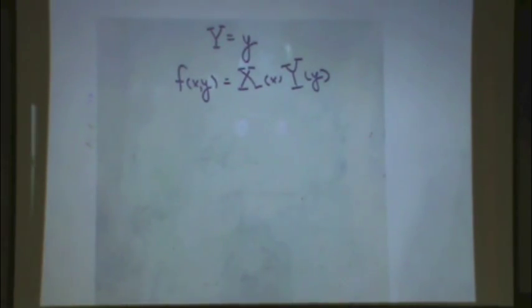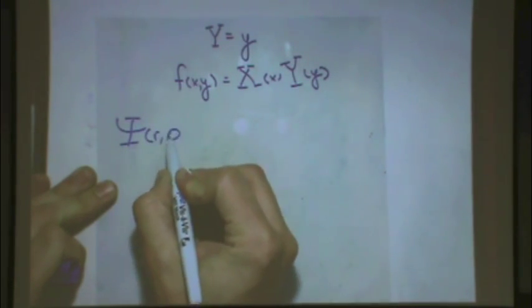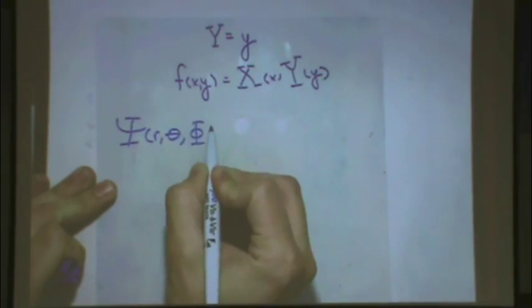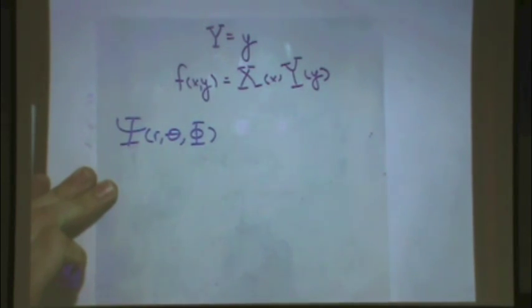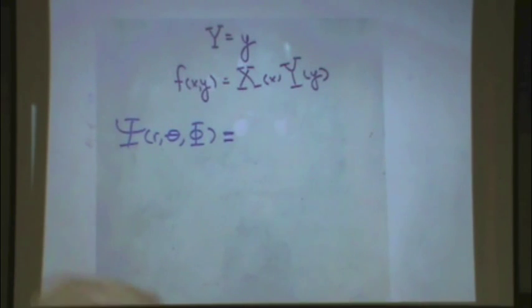So now, let's go back to psi. Going back to this function now. It turns out when you do the derivation, we're not going to do that. You'll probably do it if you take quantum mechanics in chemistry or physics. You can derive the functions for psi.